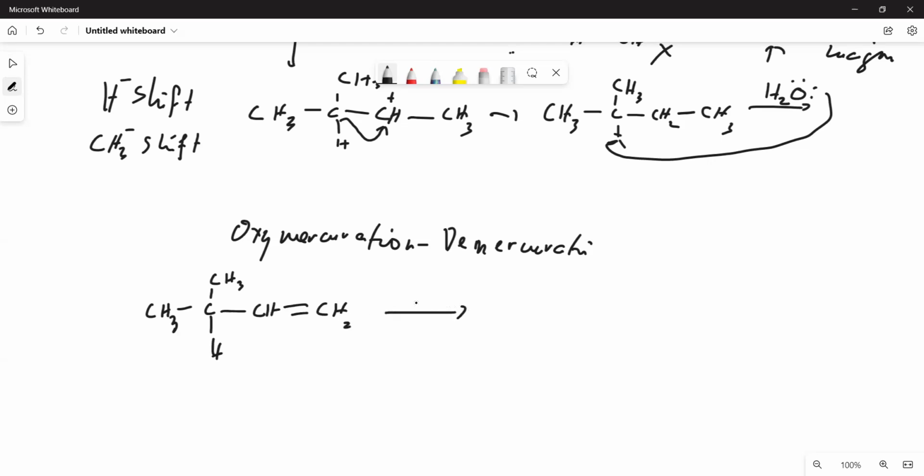So if you add water, okay, and this time you have to use mercuric acetate. Okay, so this is the first reagent, okay, followed by water. But there is a second reagent that you need, okay, which is sodium borohydride to complete the process. This reaction will still follow Markovnikov's rule.